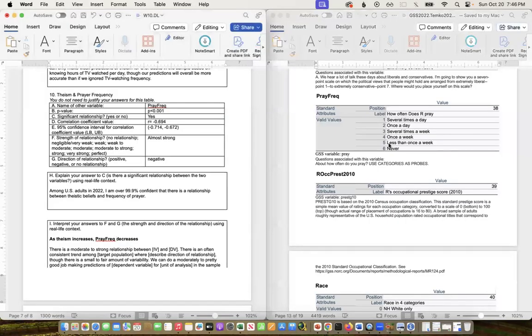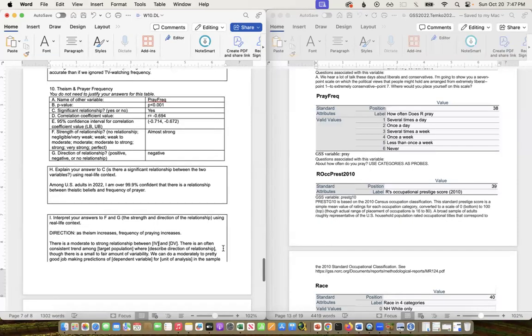So a decrease in the coding actually means they're praying more. So as theism increases, frequency of praying also increases, right? This isn't positive, right? It's because this variable goes down, but going down is actually up because of the coding on this. So that's our direction.